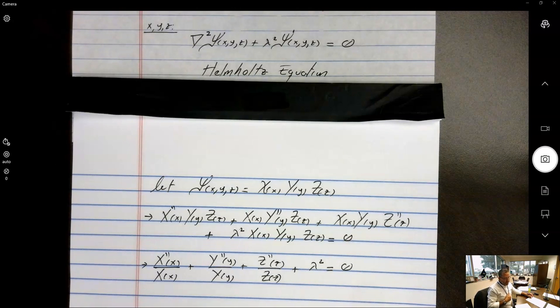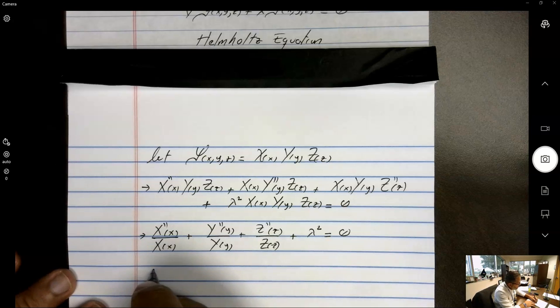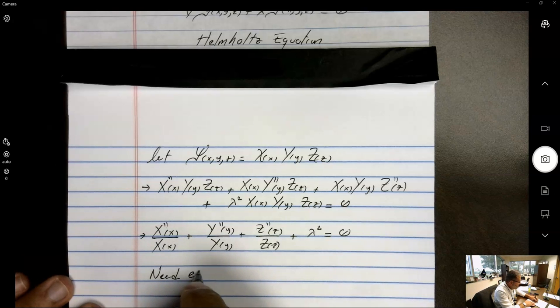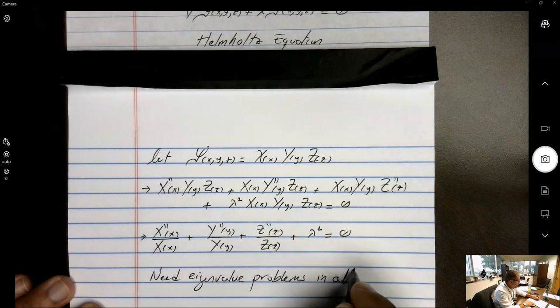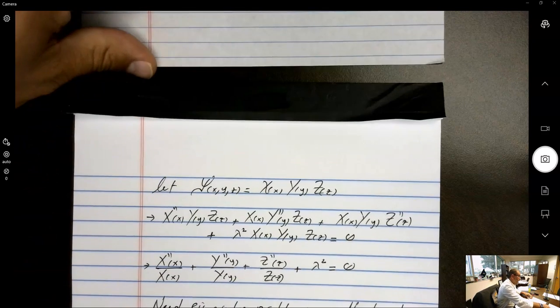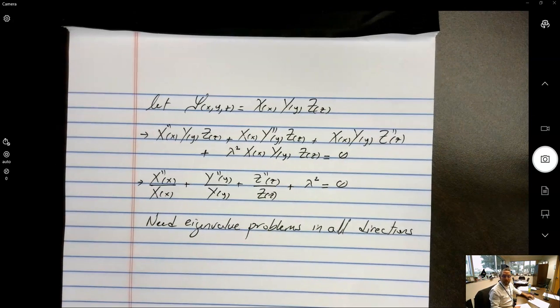And now let's start doing separation with the notion that we need eigenvalue problems in all directions, in x and y and in z. And remember that in x and y and in z, the problem is homogeneous. Therefore, we need to accomplish that.